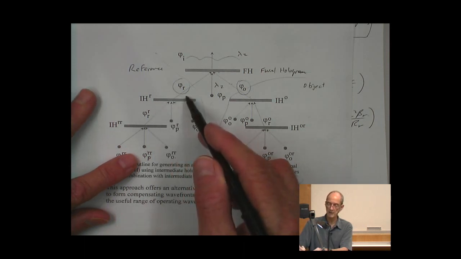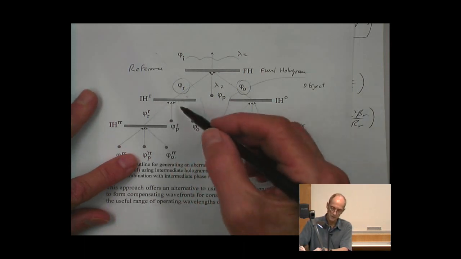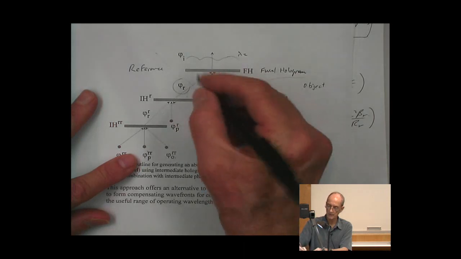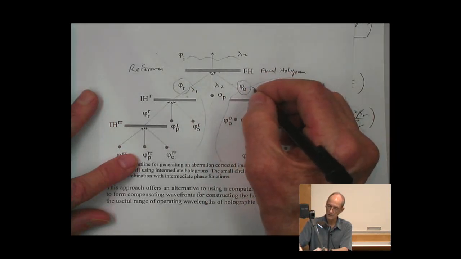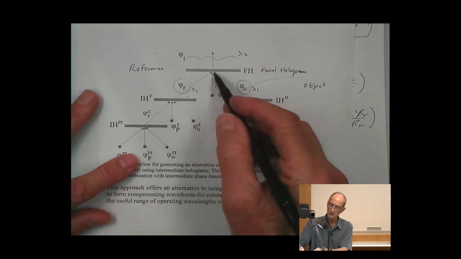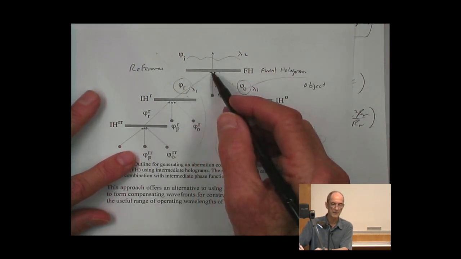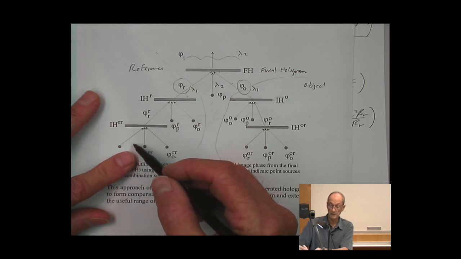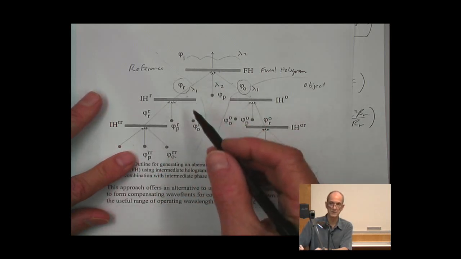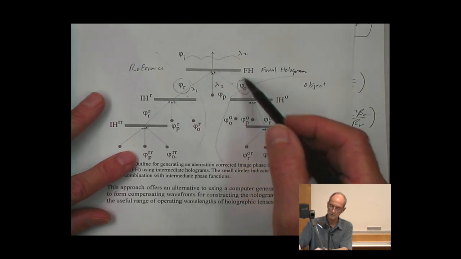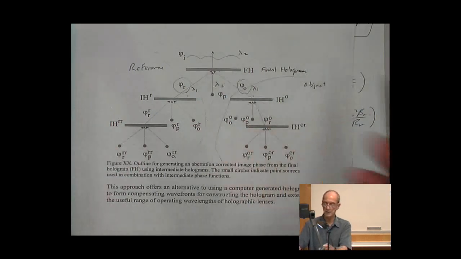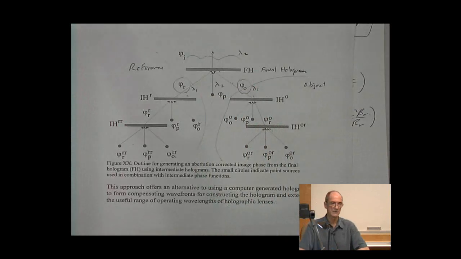That forms another intermediate hologram, which then finally produces at lambda 1. So this is at lambda 1, and this is also at lambda 1, produces the final reference field that you need, going through these intermediate holograms. And here also we have two intermediate holograms that generate this final phase step, producing a pre-aberrated field.